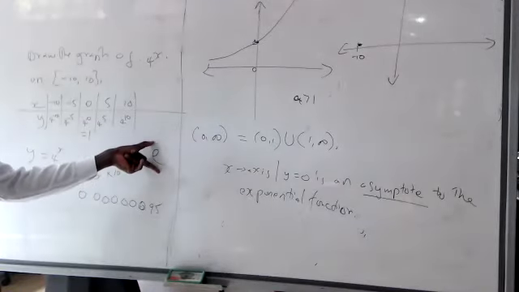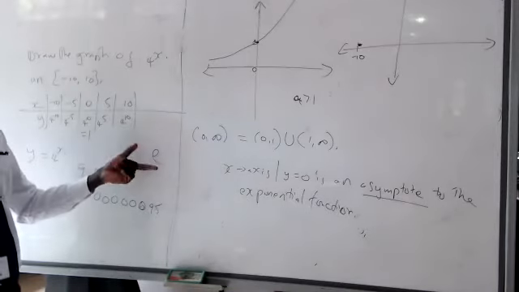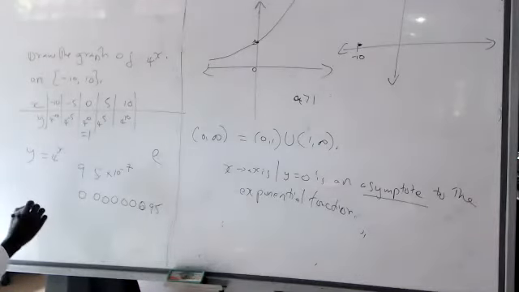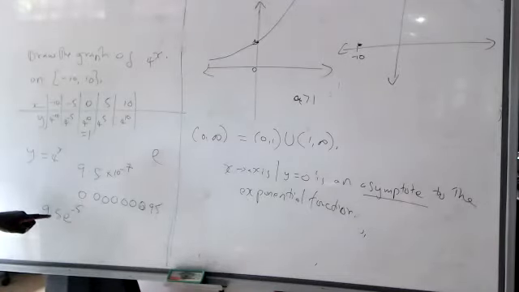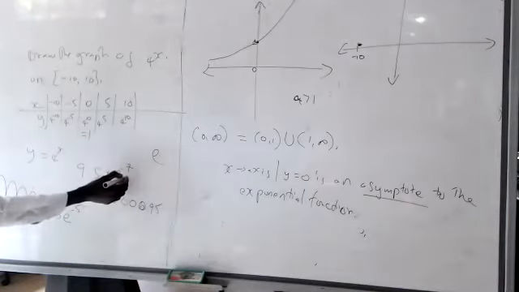When they put E, it simply tells you, for example, if you have 9.5 e to the minus 5, it means this decimal is supposed to go 5 places to the left: 1, 2, 3, 4, 5. So it actually has the same meaning.